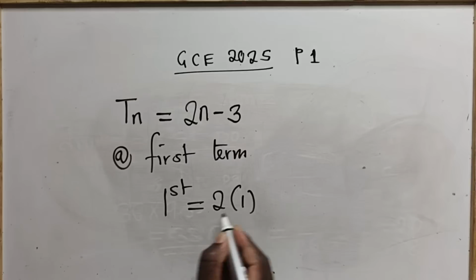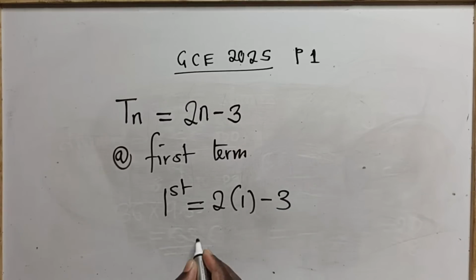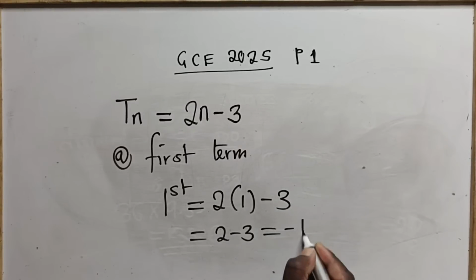First is 1, and then we simplify. This will give us a negative 1. So that's the first term. Are we together, guys? How to find the first term?